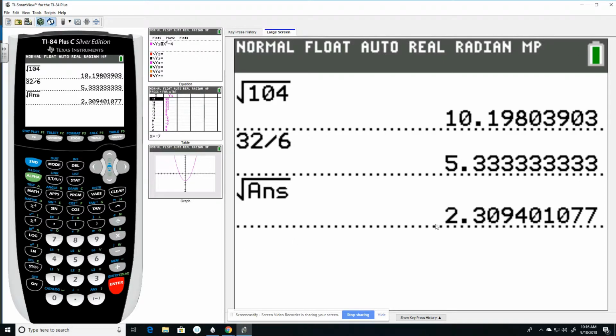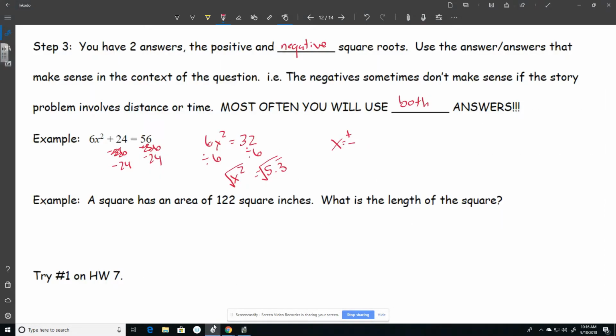I hit enter, and my answer is 2.3094. So x equals 2.3, let's round it to the hundredths, 2.31, but it's the positive and the negative. So my answers are actually 2.31 and negative 2.31, and we write it like this.